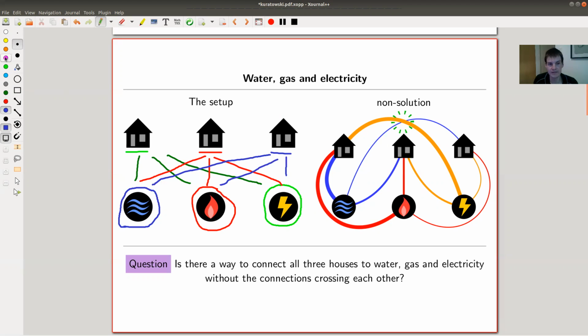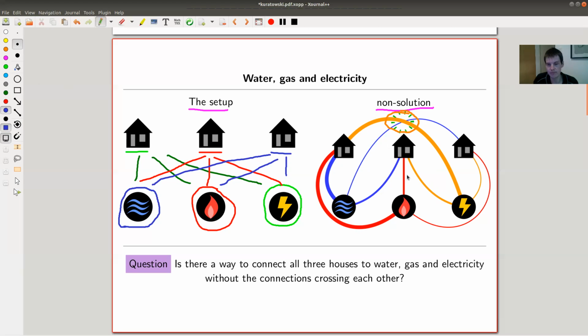So this was the setup, and on the right-hand side, you have a non-solution. So here, someone, link is in the description to the picture, tried a bit harder than my very naive approach to just connect everything using a straight line, and it still doesn't work. So here, this orange edge intersects the blue edge, and yeah, there's just no way to make it work.